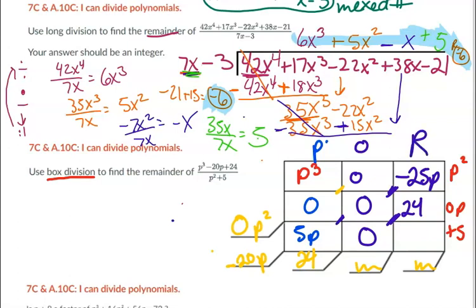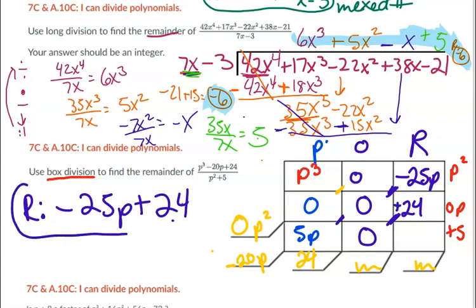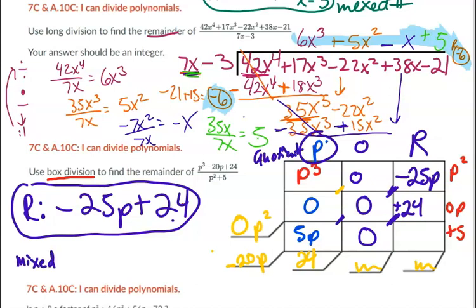The remainder is going to be negative 25p plus 24. And if you were to find the quotient, it's p. If you wrote it as a mixed number, it would be p plus negative 25p plus 24 all over p squared plus 5.